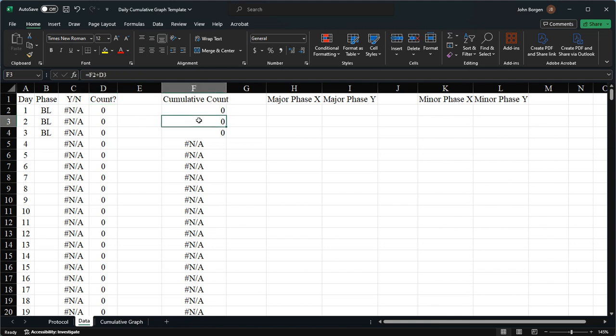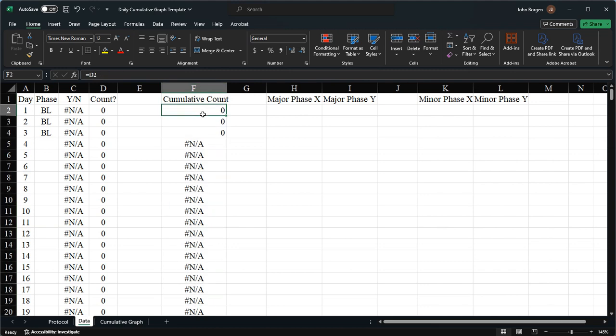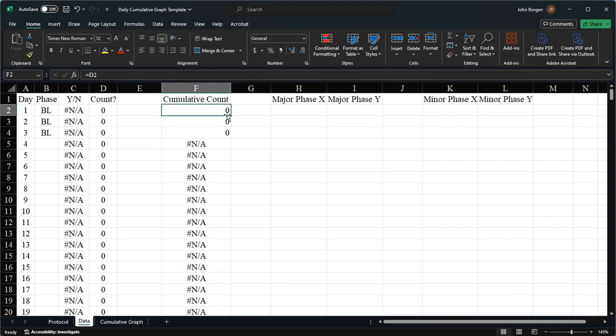Then these, in the F, the first one's going to be a little different, but then the second one is saying, okay, how many Y's have we had so far? Is this a Y? If it is, it's going to be a 1, and I'm going to add it up. Let me show you a little how this works.